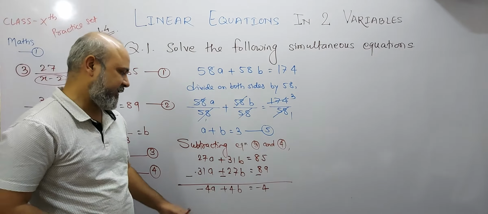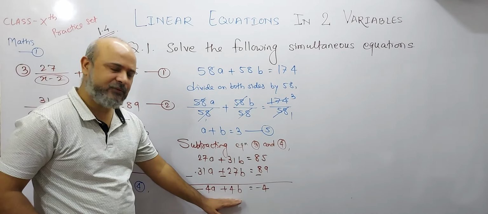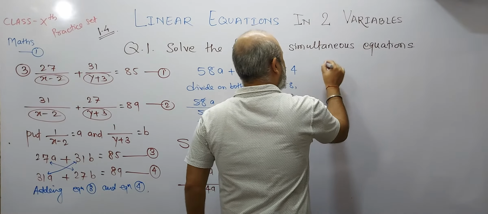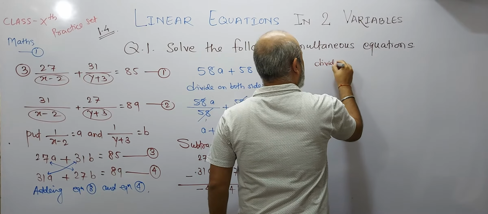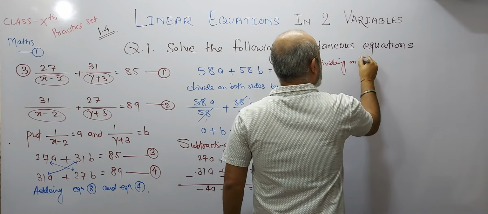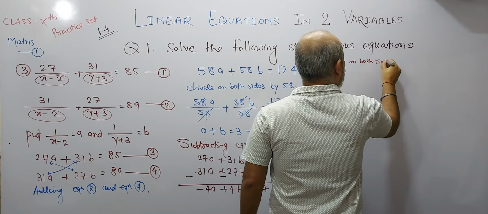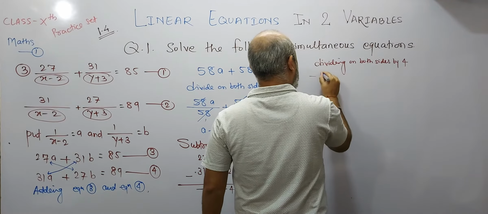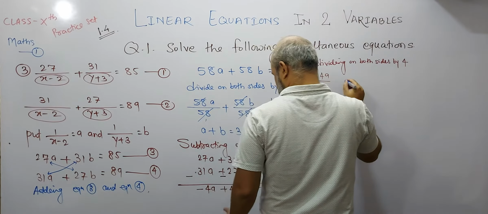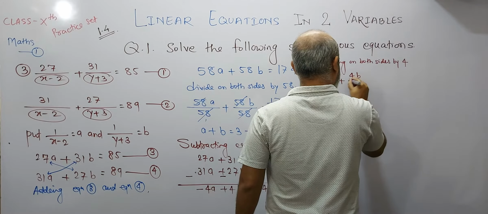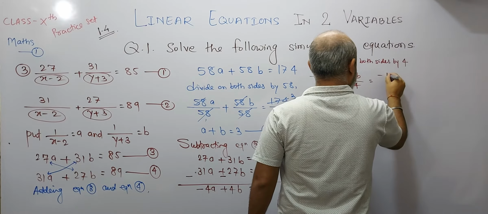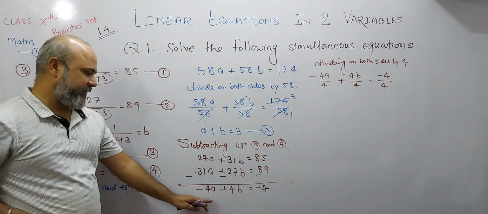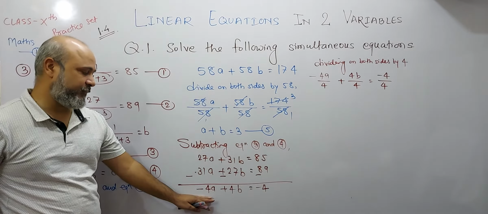Now you can say that again here the whole equation is divisible by 4. So you will divide on both sides by 4. So dividing on both sides by 4, what you will get? Minus 4a divided by 4 plus 4b divided by 4 is equal to minus 4 divided by 4.